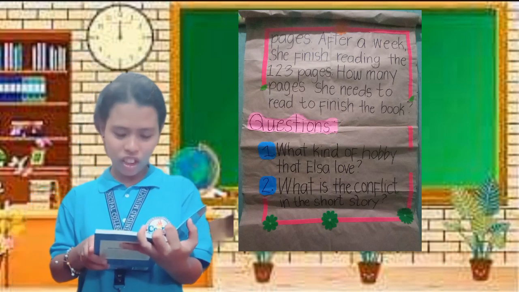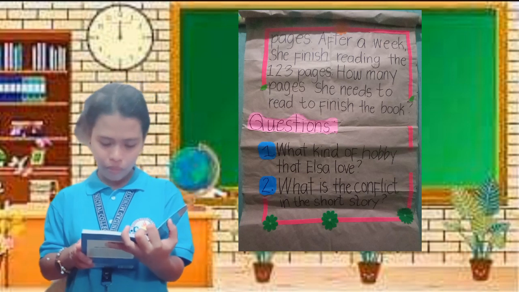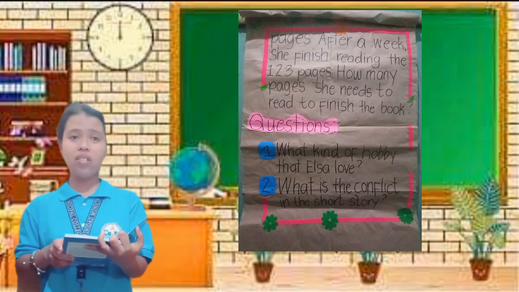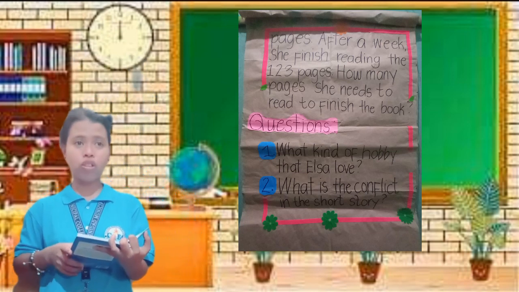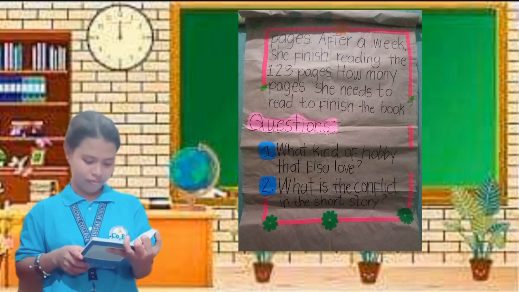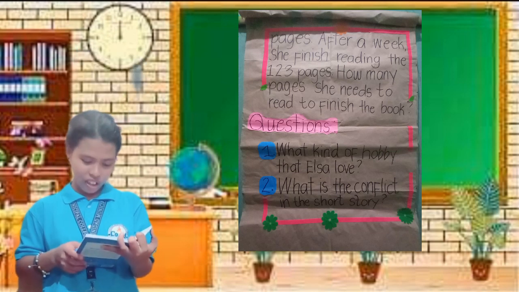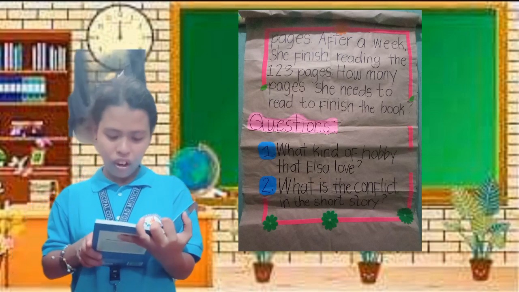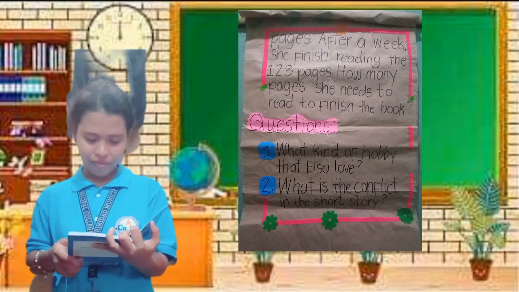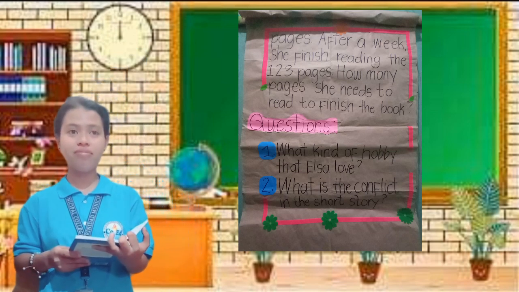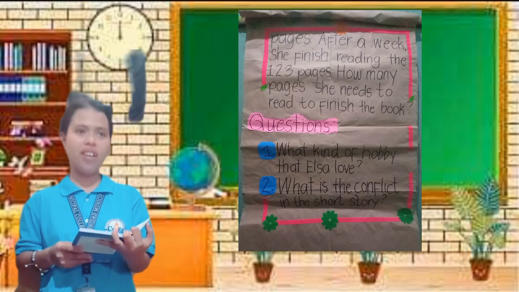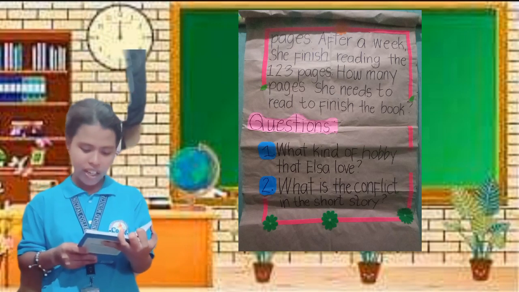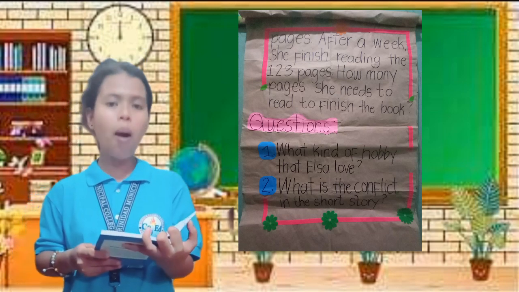Number 2 question. What is the conflict in the short story? Again, what is the conflict in the short story? Yes? Okay, the conflict is the remaining pages of the book.